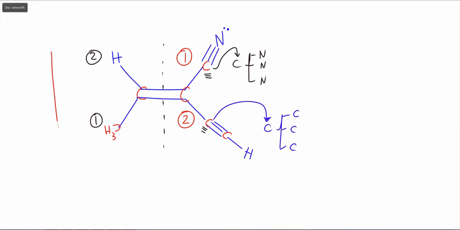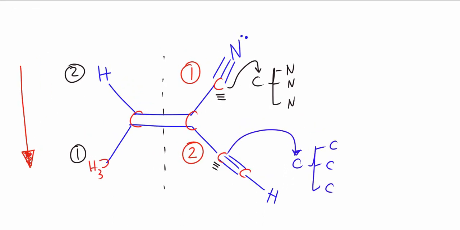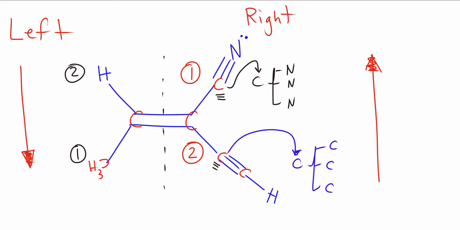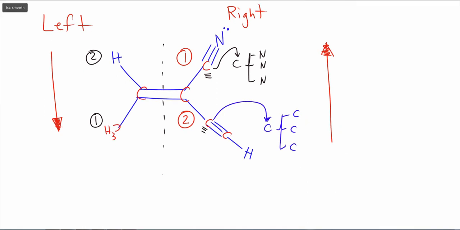So I have 1 going in this direction for this carbon, the left, and I have 1 going in that direction for the right. So since the priorities are going in opposite directions, I'm going to give that the E designation.